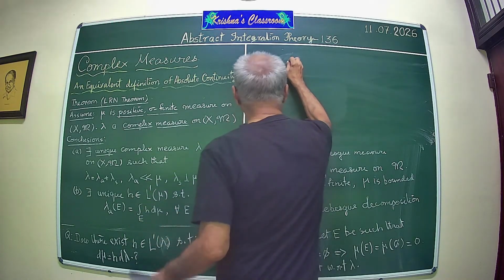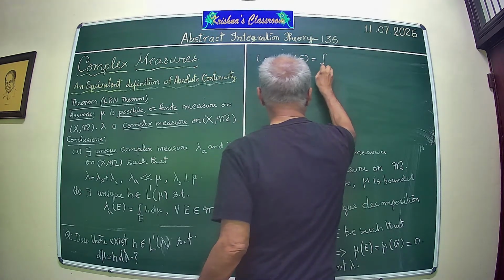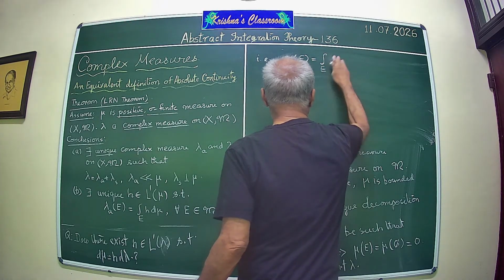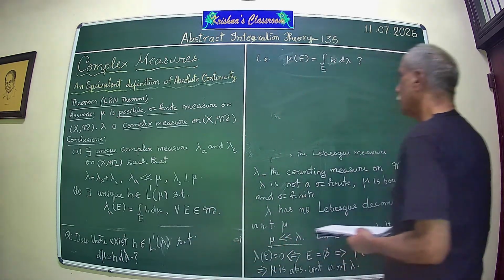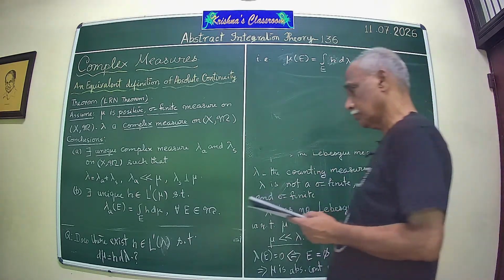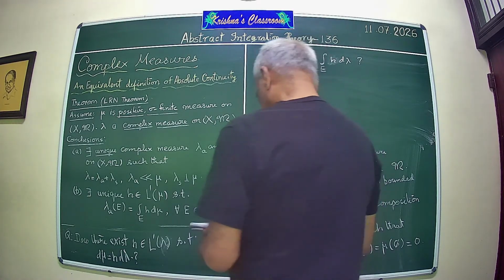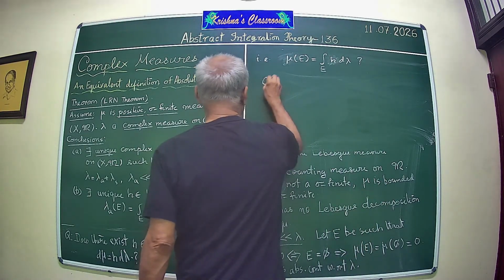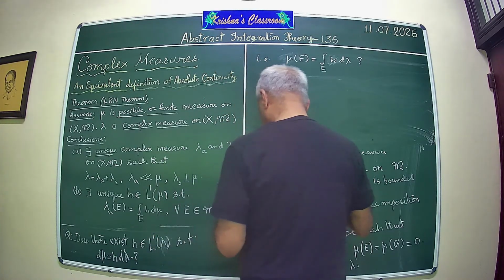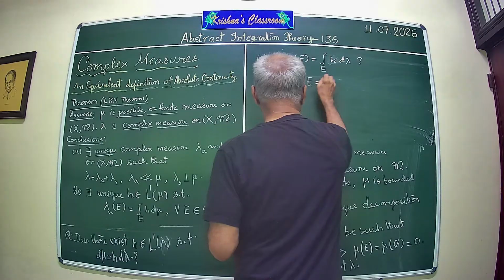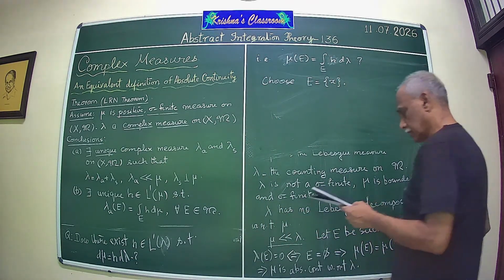That is, mu E equal to the integral over E of h d lambda. Now we show that this is not possible. Choose a singleton set E equal to {x}.